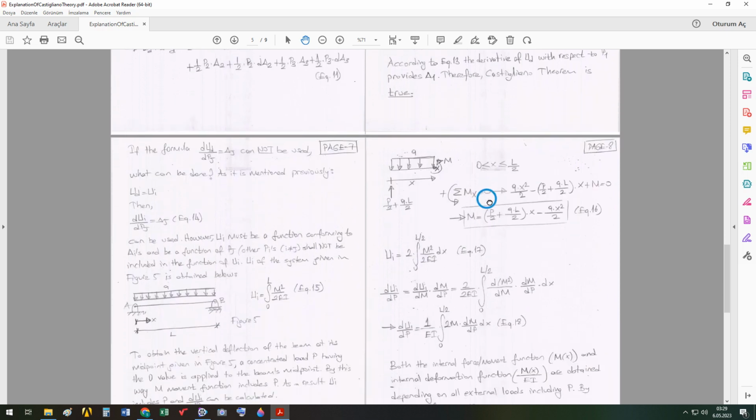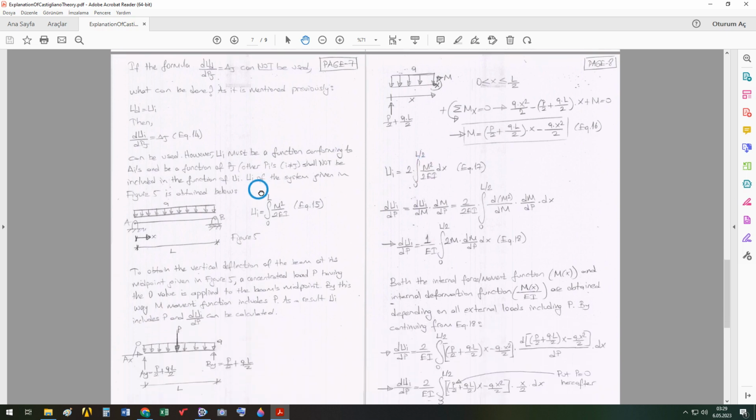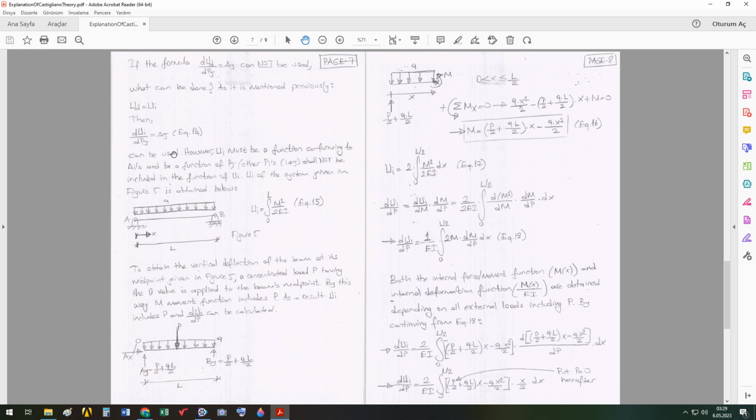But when you write the potential energy of internal forces, you see here M is a function of independent loads, and the curvature M over EI is also given here in terms of external loads, which are independent from each other. So this can be applied. Actually, in the application, Castigliano's theory is this one.